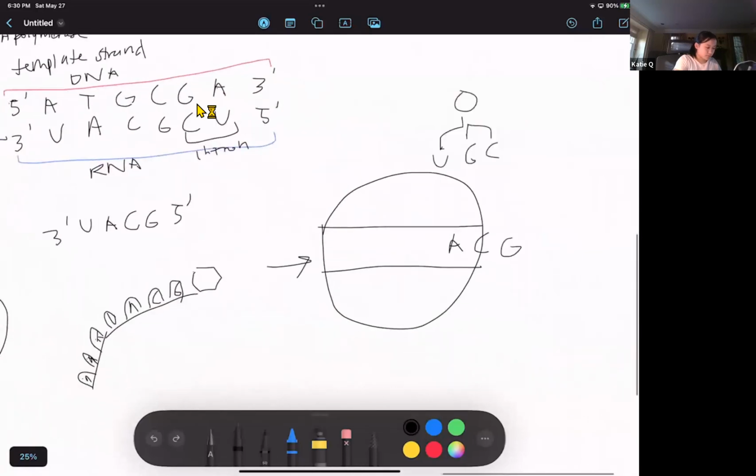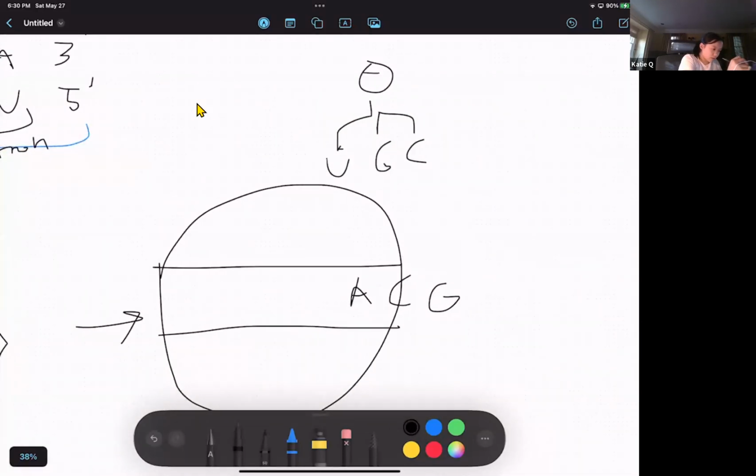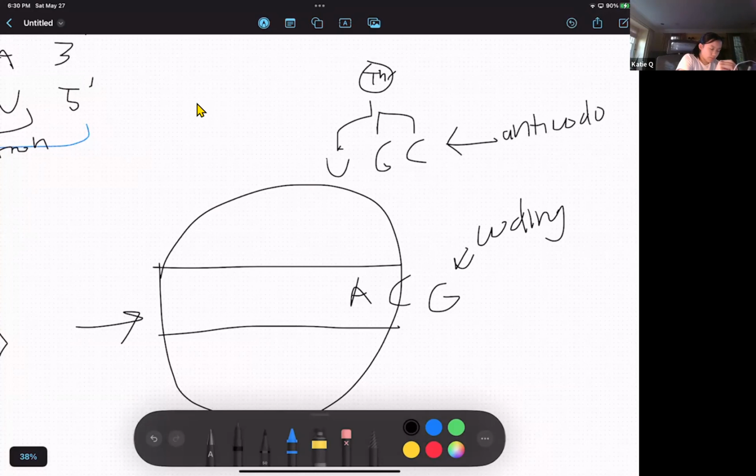Okay. So that's how the tRNA knows which amino acids to bring, because this is the coding strand basically, and this is the template strand, and this is called an anticodon, by the way. It brings the amino acid that matches with this one.